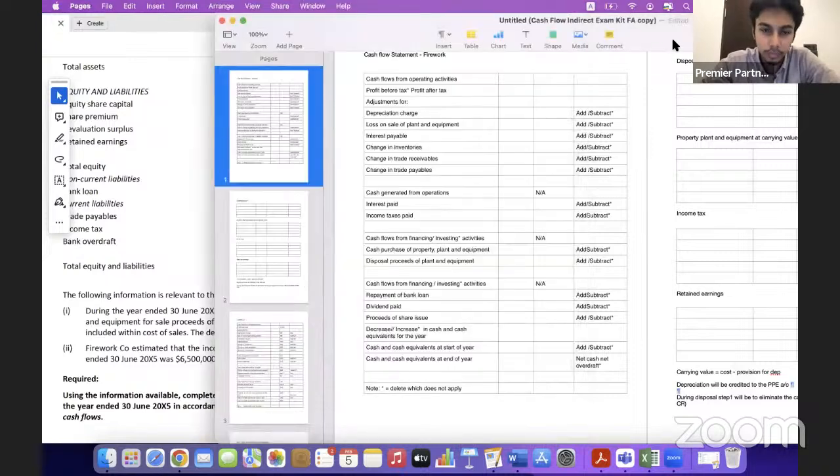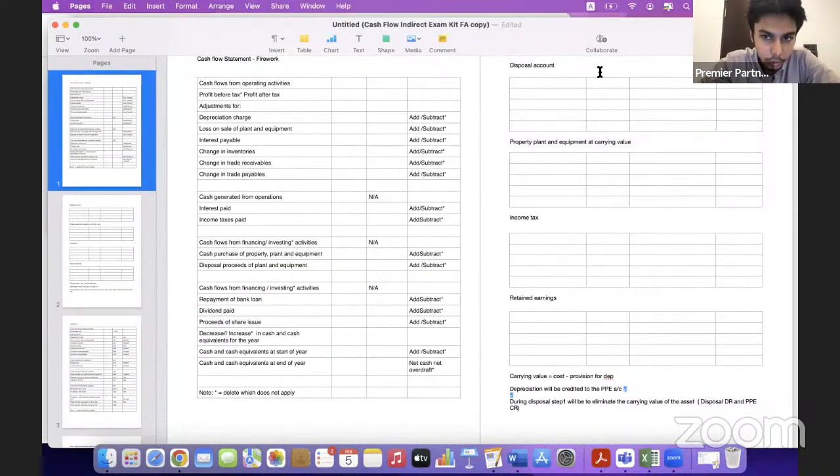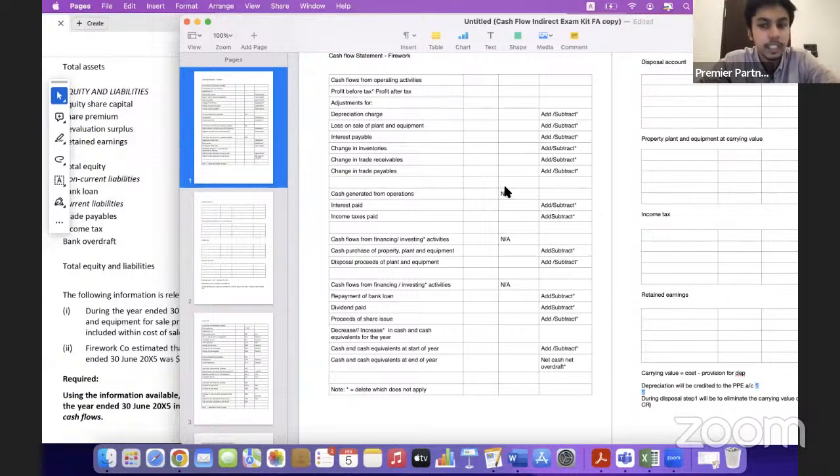That means in your working sheet, you need to have a disposal account ready in order to find the answer. Once again, preparing all these accounts is not compulsory. There are some students who, without preparing T accounts, use formulas and get the answer. I really don't mind. It's just that T accounts are much safer in my opinion. So over here, because they are selling an asset, we are preparing a disposal account.